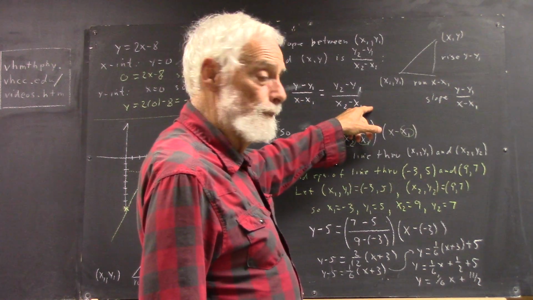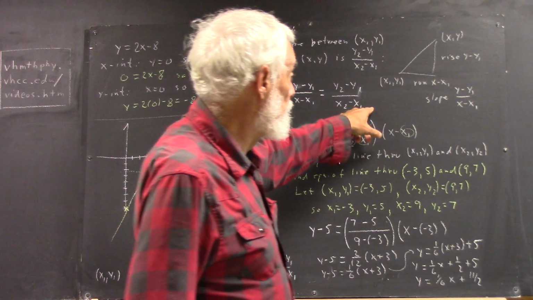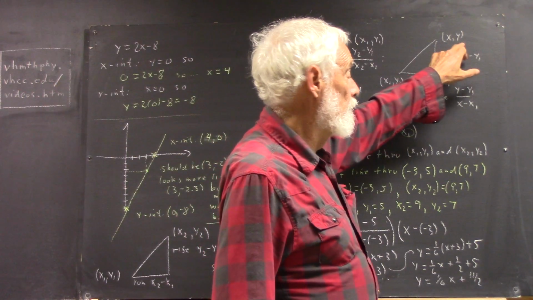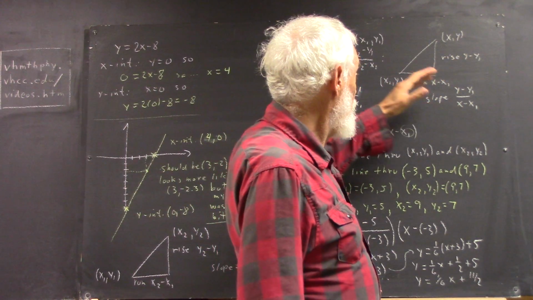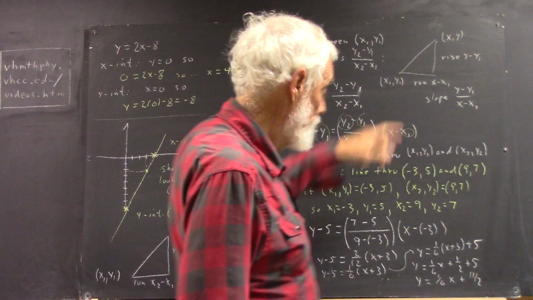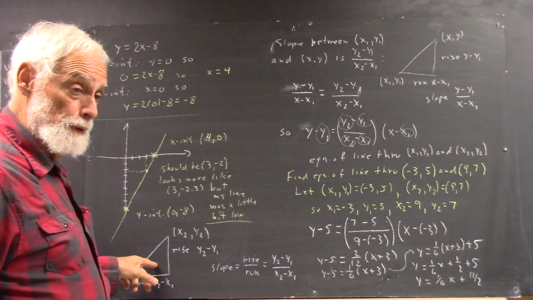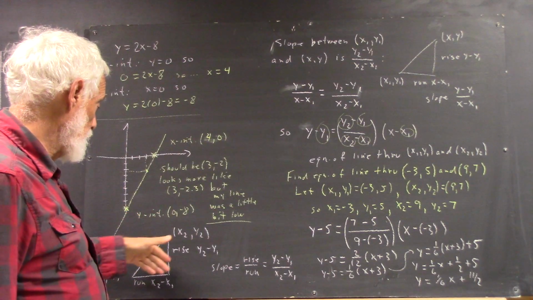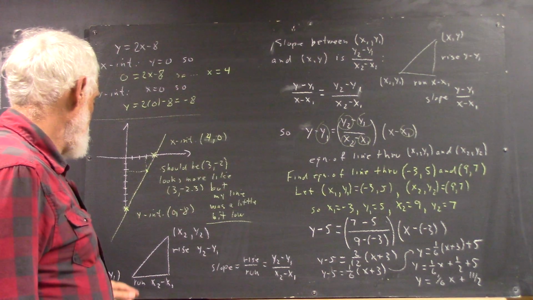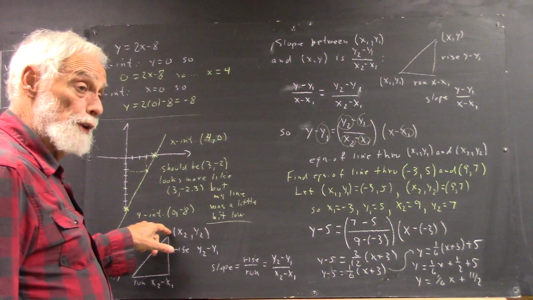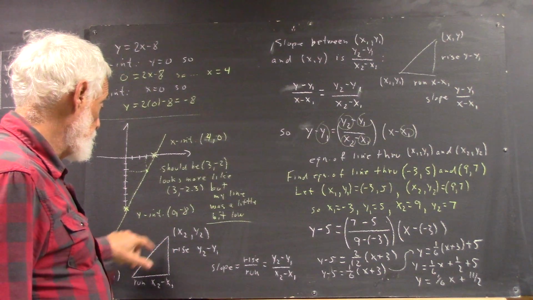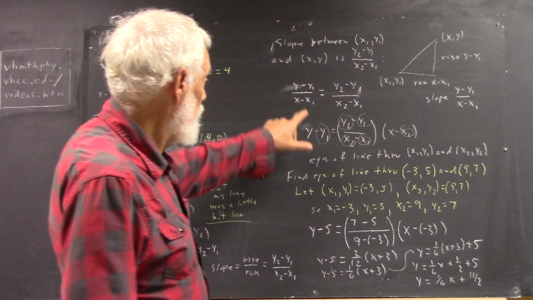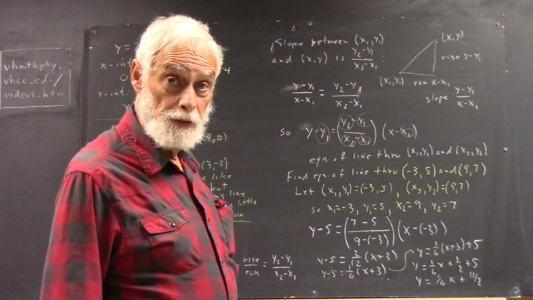Okay, so from setting the slope of this fundamental triangle equal to the slope of this fundamental triangle, we get this relationship, which tells us the conditions on x and y so that they lie on a line through this point having this slope. Well, that line goes through this point, its slope is the same as the slope of this triangle, so it's a line that also goes through this point. So a line through this point and this point will have an equation given by this relationship.